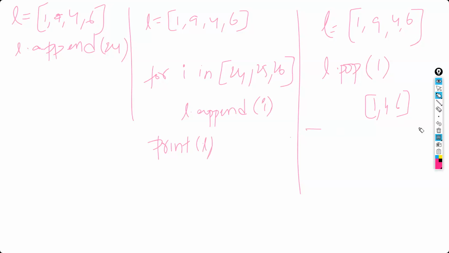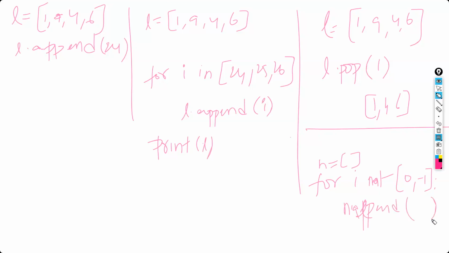Or for example, I don't want, in terms of index numbers, the first index number and the last index number. That is index number 0 and index number minus 1. Can I write for I not in 0, minus 1, remaining everything: n is equal to an empty list, n.append of L of I?